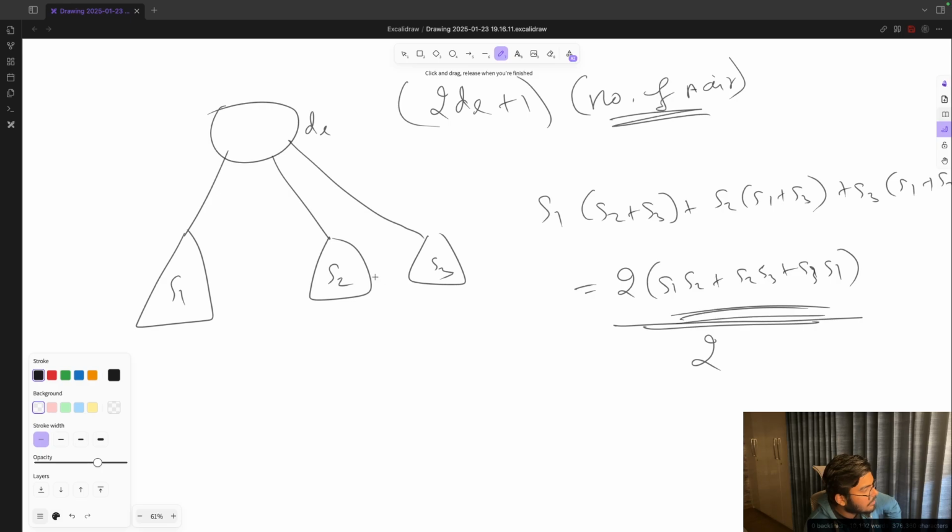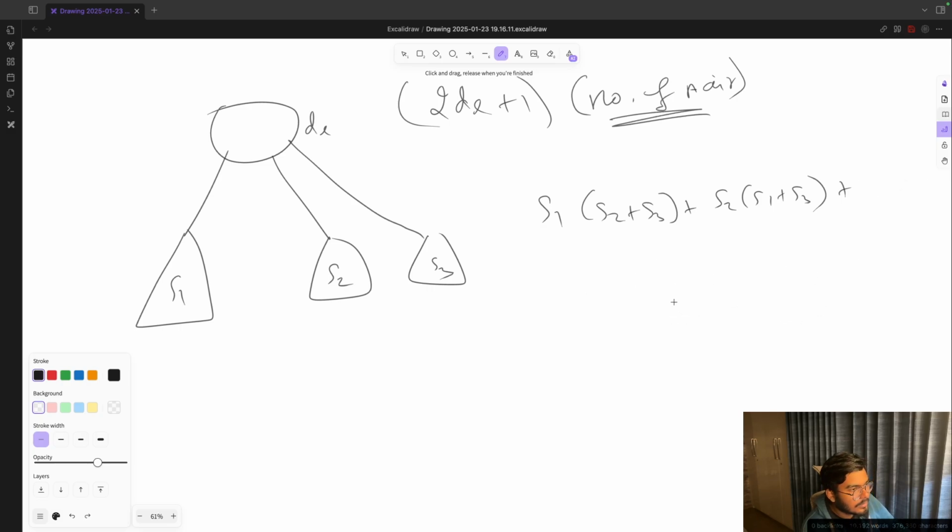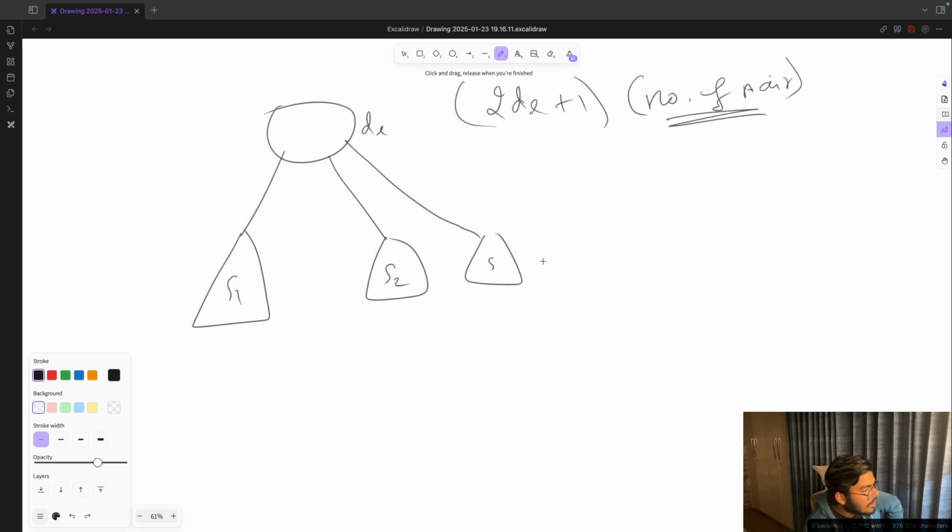Because we are considering s1 and s2, then we are considering s3 and s1 also. So this number should be divided by 2. Let me erase it. Okay, now the total number of pairs is s1 s2, s1 s3, and s2 s3. Okay, so these are the number of pairs.